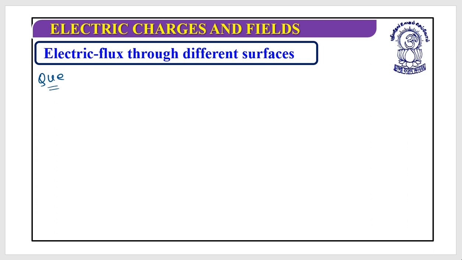Suppose that you have been given an electric field which is 3i plus 4j plus 5k Newton per Coulomb.